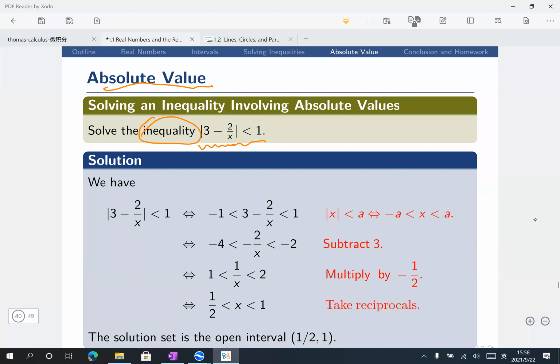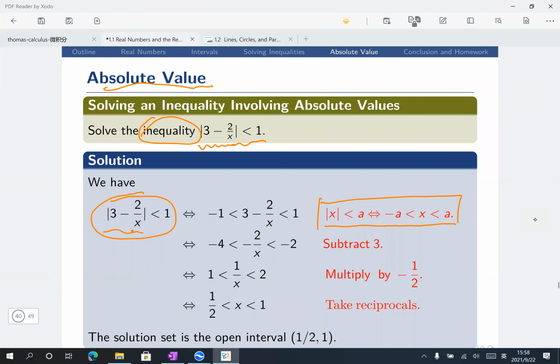Okay, let's see on the slides. We need to solve this inequality, right? And to solve this inequality, we used the property of the absolute value.